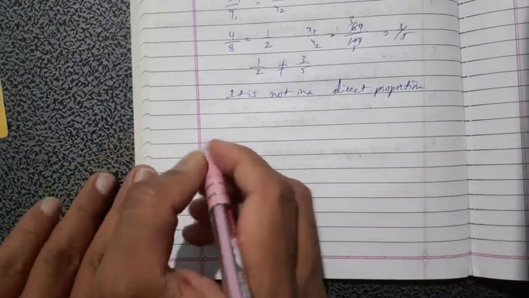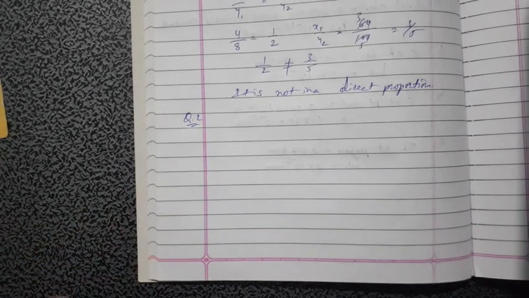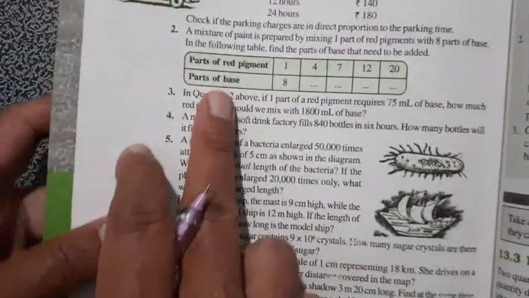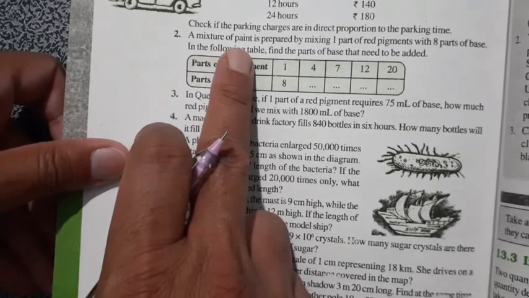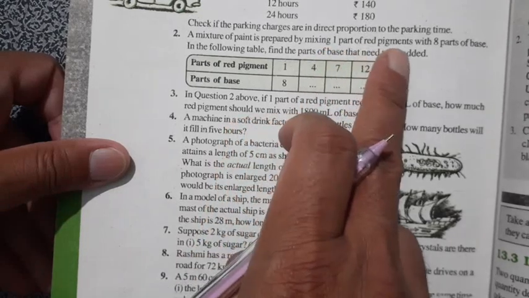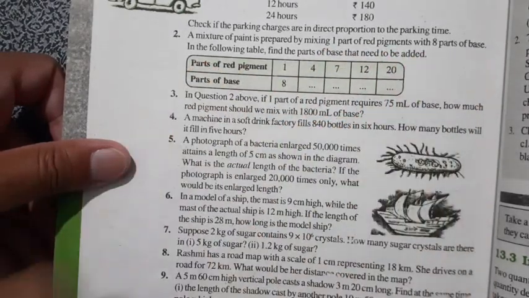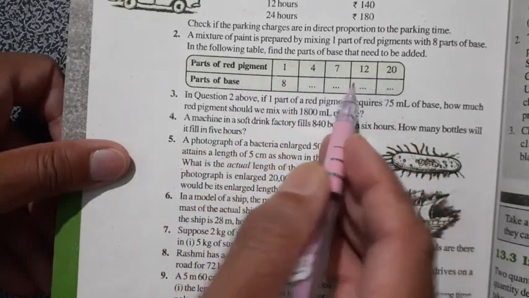Okay, now question number 2. Look the second question. A mixture of paint is prepared by mixing 1 part of red pigment and 8 part of base. Okay, then here table is given, we just complete that table.